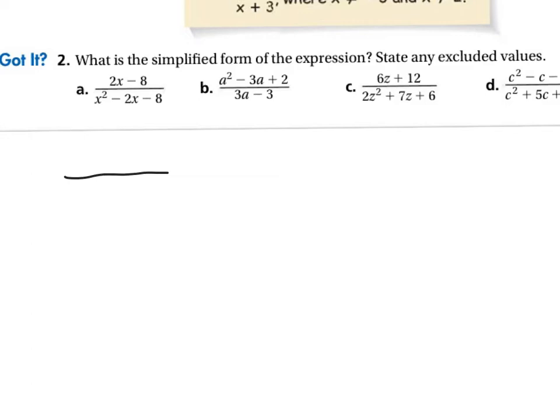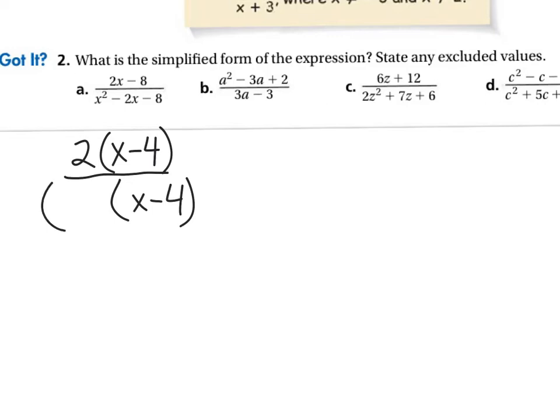So on A, in the numerator, I'm going to try to factor that. That's going to be easier to factor than the denominator. If you factor a 2 in the numerator, that would be 2 times the quantity x minus 4. And then my 99% guarantee is that we're going to have an x minus 4 factor in the denominator.